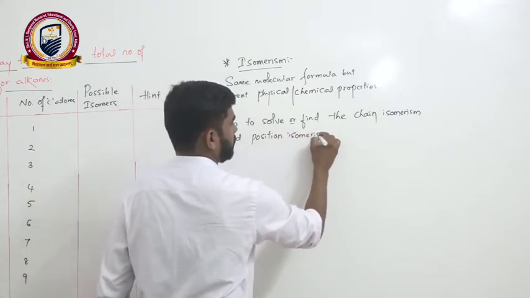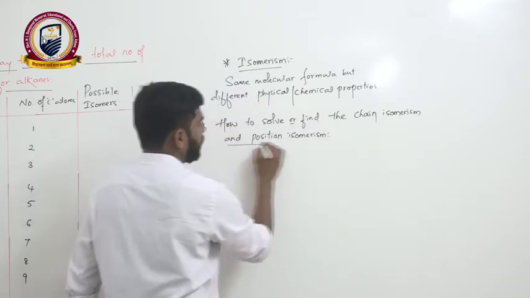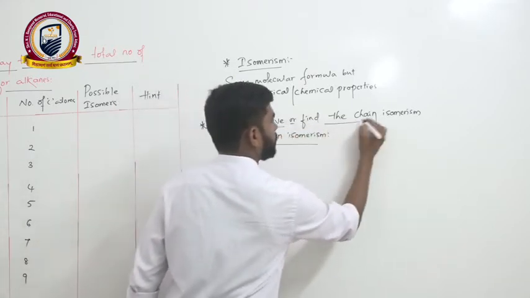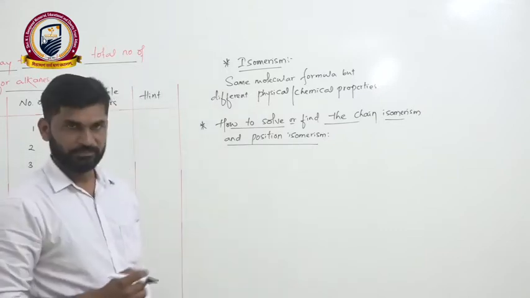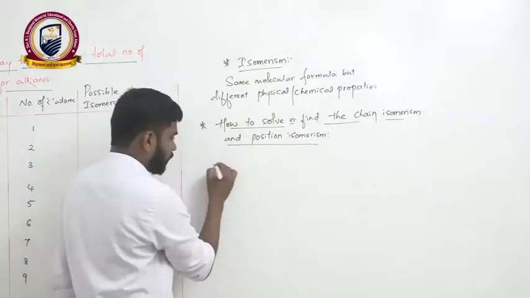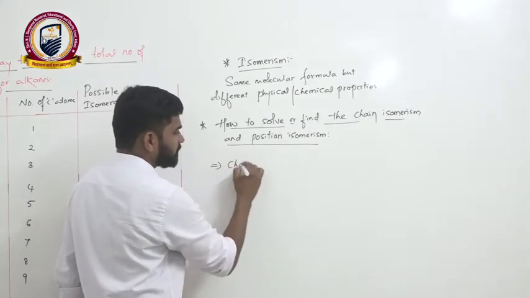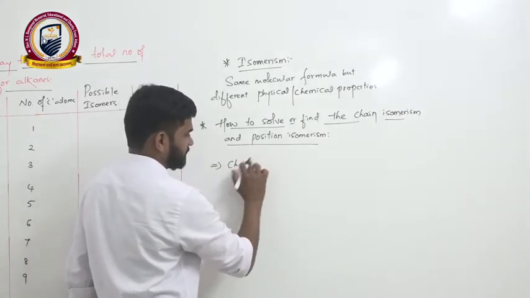If the question asks you to find out whether the given compound is exhibiting chain isomerism or position isomerism, we will discuss that now. First of all, let us see what chain isomerism is.